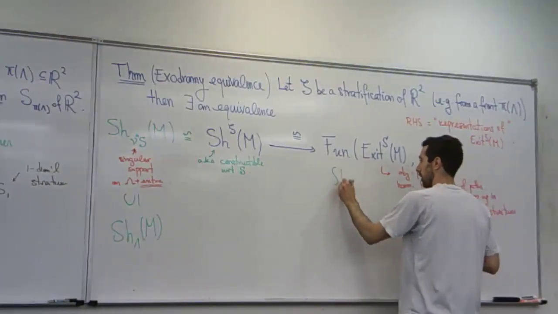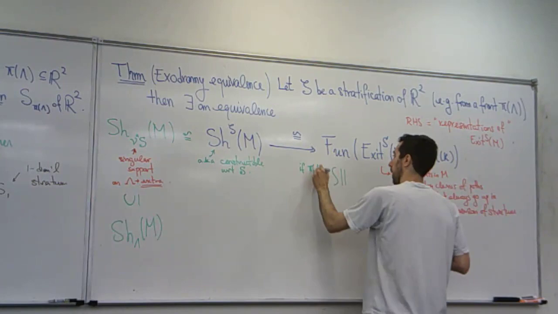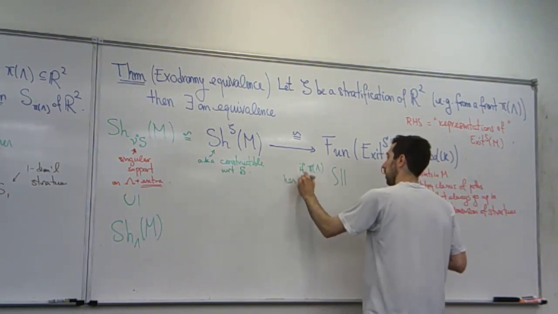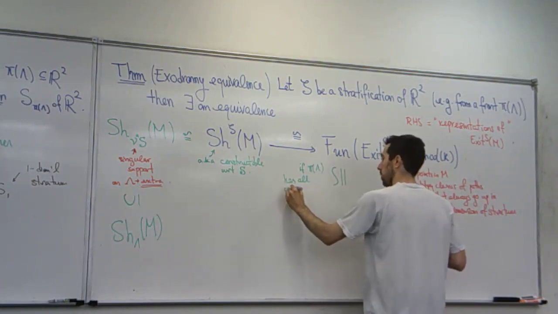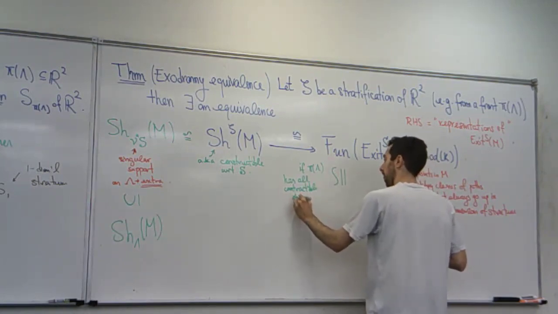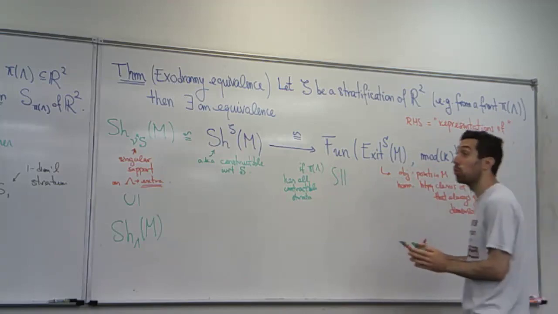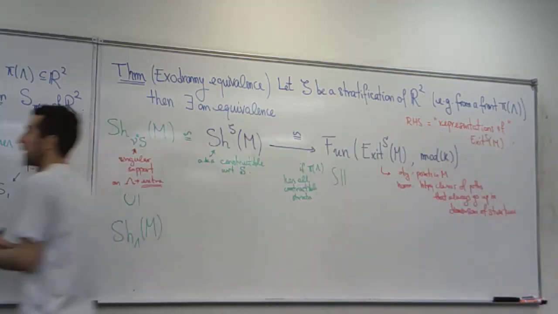So if phi of lambda has all strata contractible, what these are is just representations of the poset, in particular the partially ordered set given by these things.